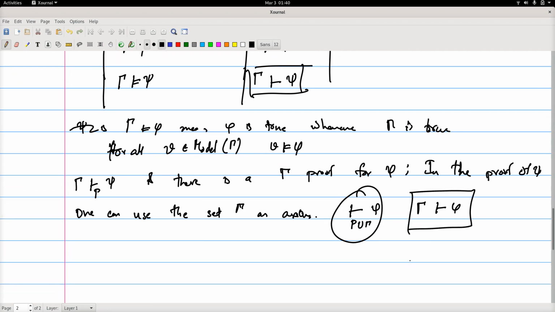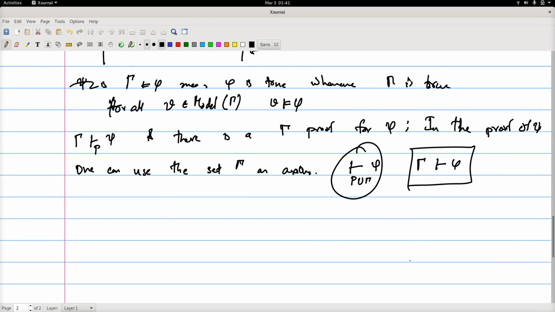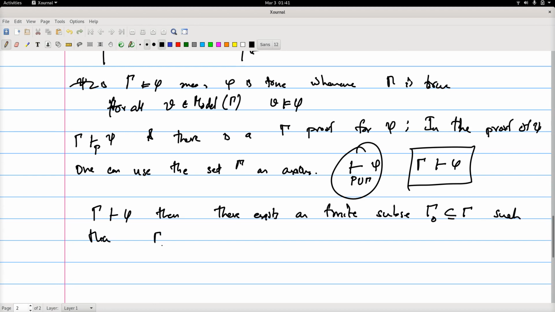One thing you can notice here is that if gamma proves phi, then there exists a finite subset gamma naught of gamma such that gamma naught proves phi.